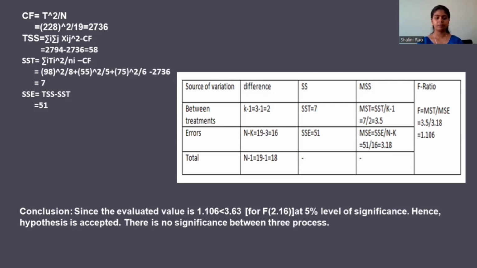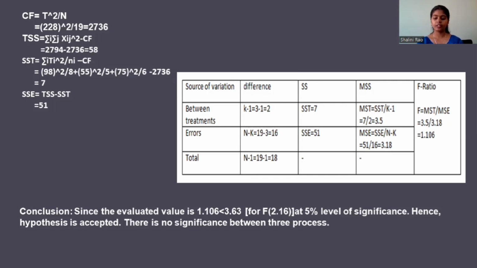Here we have another table, source of variation, where the degrees of freedom, that is k minus 1, n minus k and n minus 1, are written, and the SS values, that is SST and SSE values, are mentioned, and also MSS, where MST is calculated using SST divided by k minus 1, and MSE using SSE divided by n minus k.